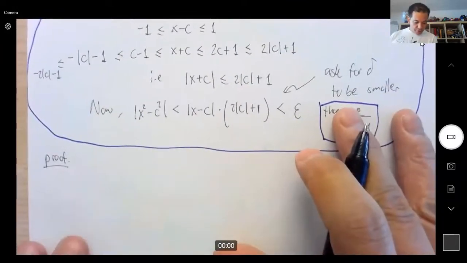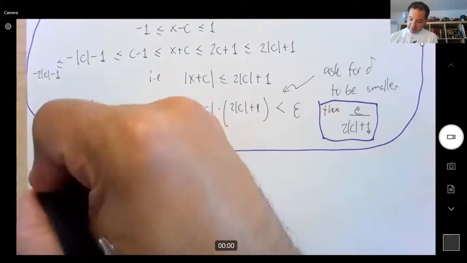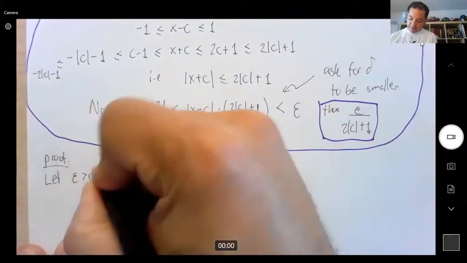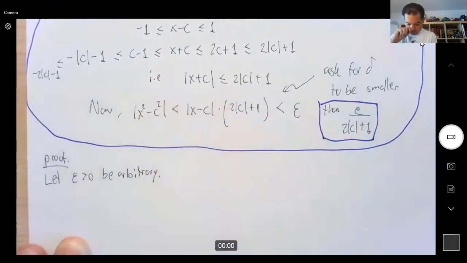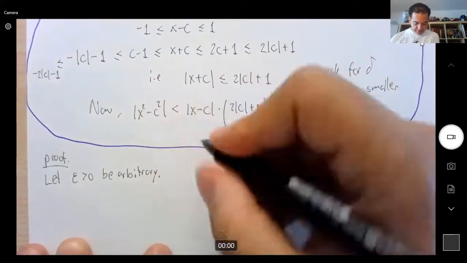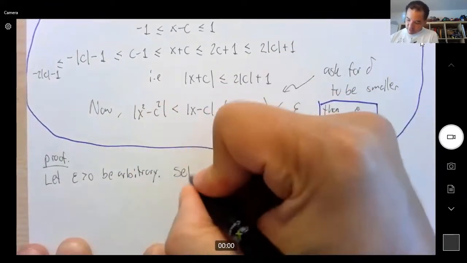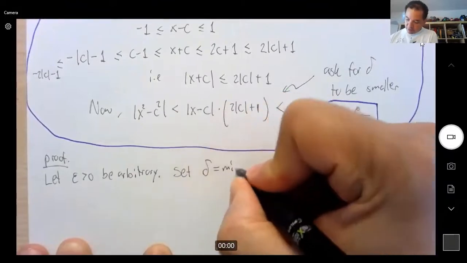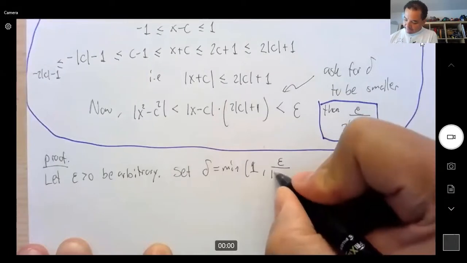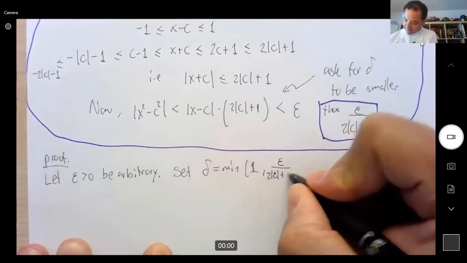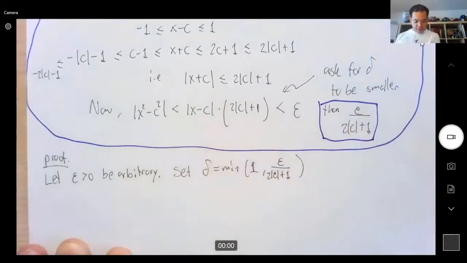How do we do it? Well, we pick, let epsilon greater than 0 be arbitrary. Set delta to be the minimum of 1 and this number. This number over here, right?